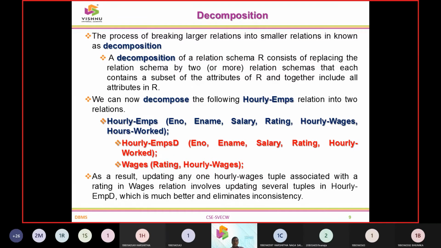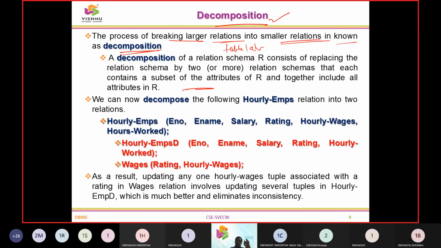How are we going to fix it? We can fix it by dividing the table into smaller parts. What is the definition? If we divide the huge table into smaller parts, we call it decomposition. So the process of breaking down the relation or the table or the database into smaller relations is known as decomposition.